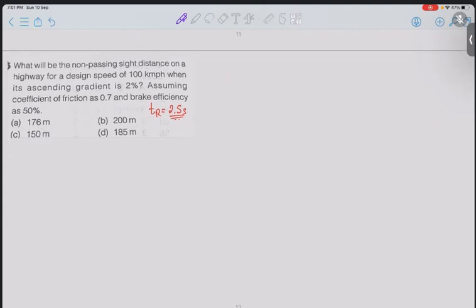What will be the non-passing sight distance on a highway for a design speed of 100 km/h, nothing but 27.77 meter per second, on an ascending gradient road, that is your small n is 2% positive, assuming that the coefficient of friction, that is f, is 0.7, and a little bit surprising, the efficiency of your braking mechanism is 50%.